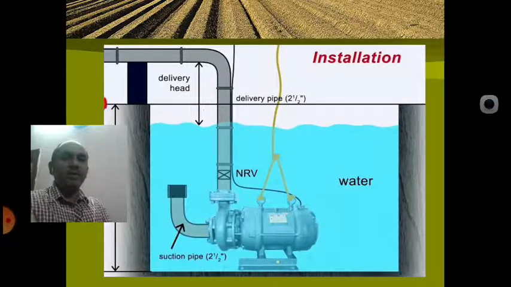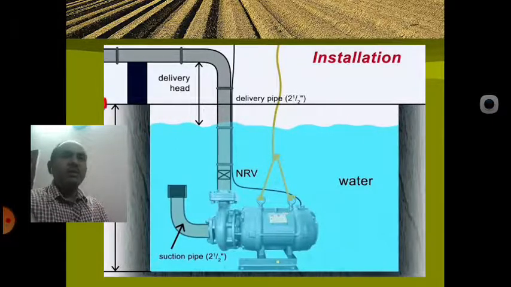The motor, yoke and everything are sealed with perfect insulation, and this is known as a submersible pump set. For low-level open wells, sometimes we can use it at a high depth, more than 100 feet, 200 feet, 500 feet, 1000 feet.